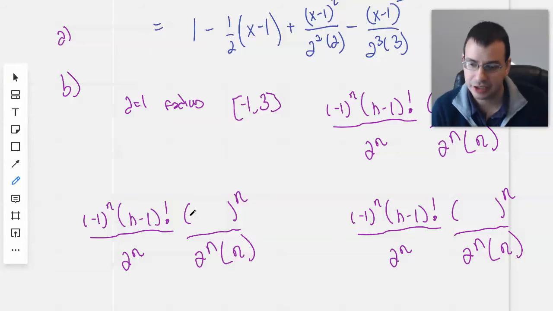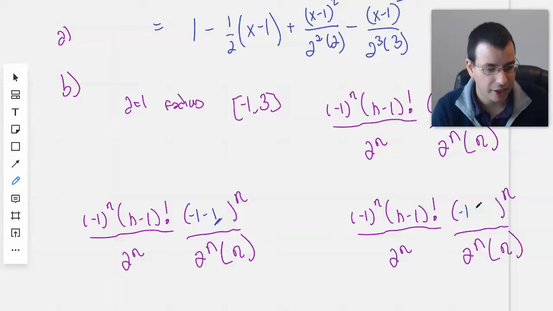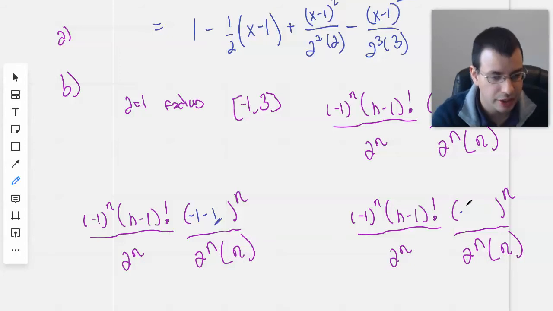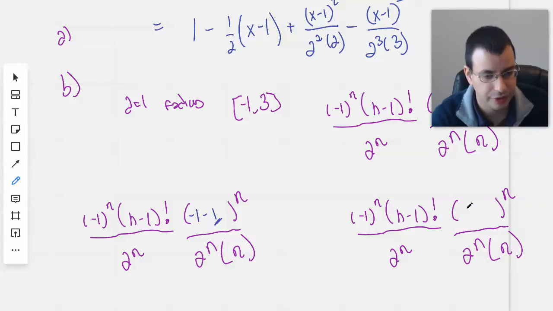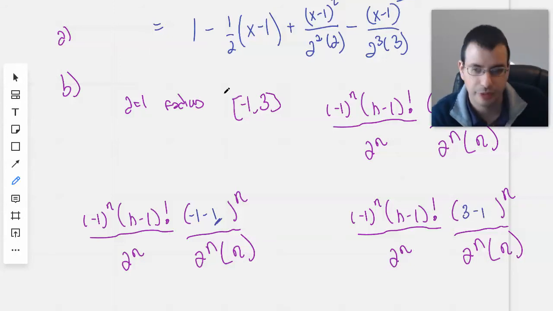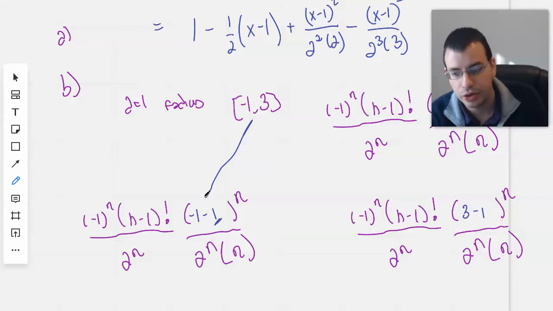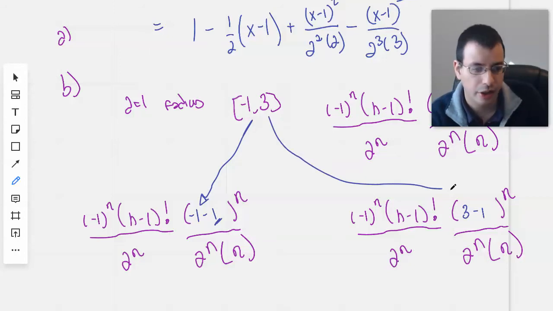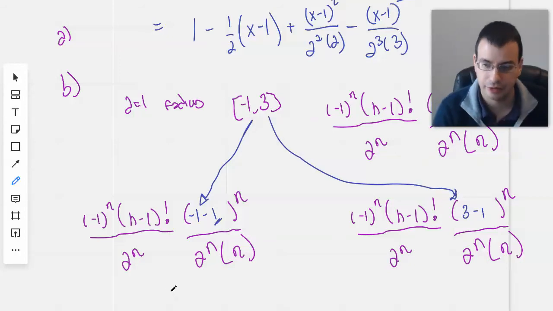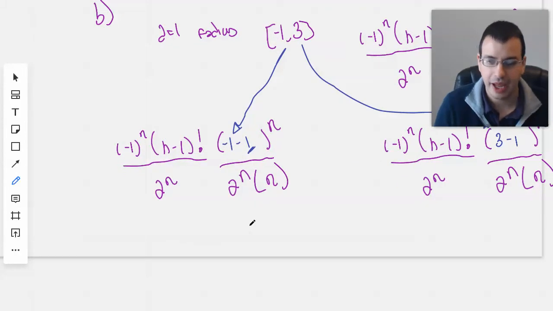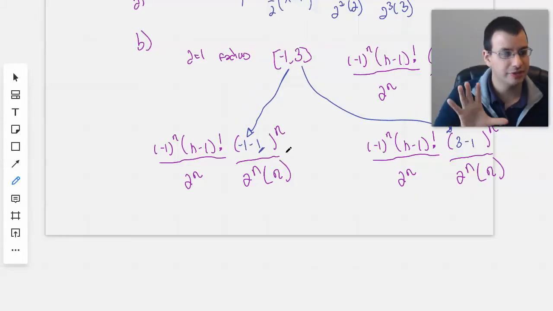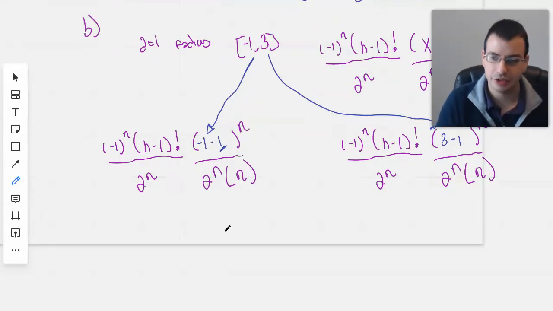So we'll leave 1 here as the a, and we'll have -1 and 3. So that value goes there, that value goes there. And because this is the radius of convergence, we want to see if these converge.